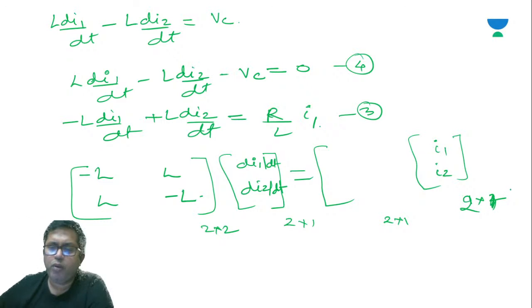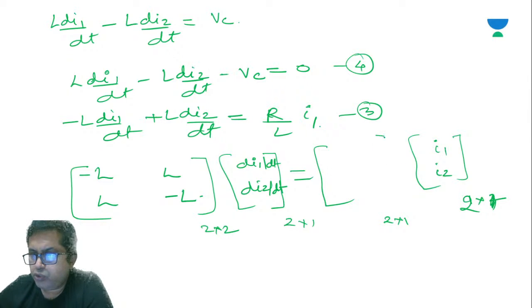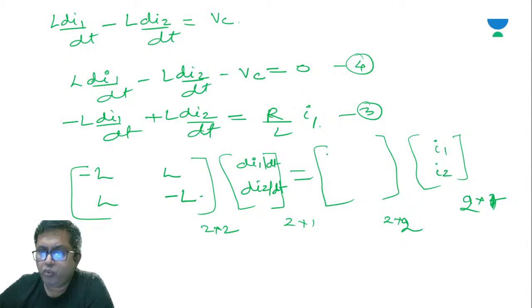We need the 2 by 1 matrix, so this should be 2 by 2. R by L, this is 0, this is 0.